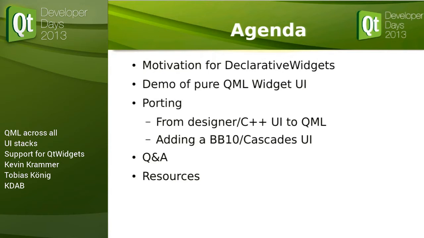Tobias will then show how the same application core can now be used for an alternative implementation, non-widget based, in this case a BB10 Cascades UI, but with the same application core. That's basically the idea: we want to have the same application core on multiple UIs on top of that, using QML as a creation layer for our UIs. And then we have a Q&A session and a list of resources, like the URL for the repository.